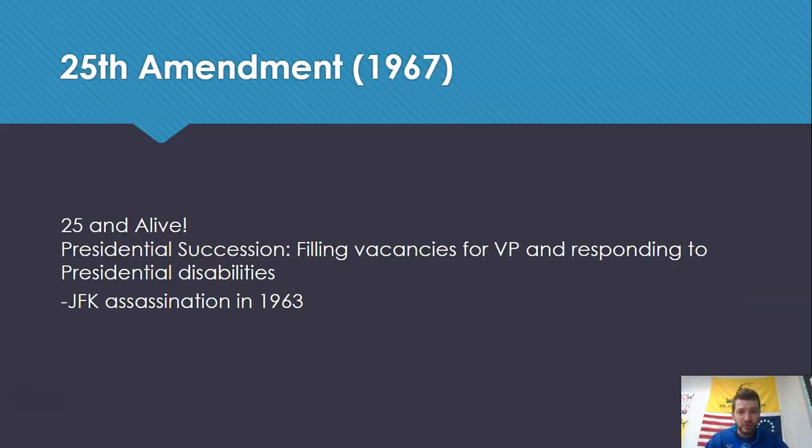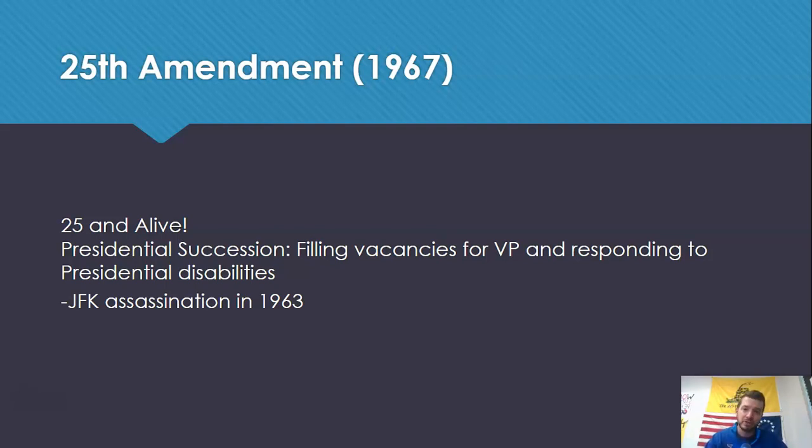Okay, the 25th Amendment is in 1967. Unfortunately, in 1963, JFK was assassinated, and this brings to light an issue. Every time a president has died, the vice president has taken over because that's what's in the Constitution. But they don't talk about in the Constitution what happens if the vice president dies.